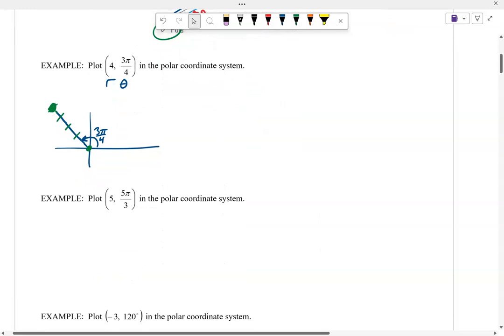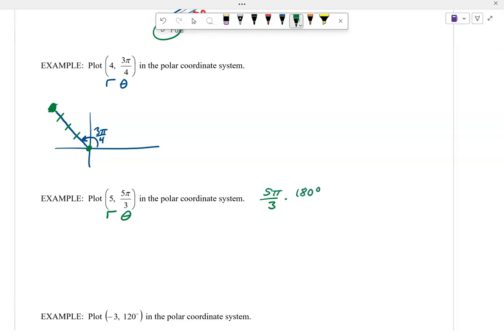I want you guys to pause the video. Go ahead and try that next one. Rotate 5 pi thirds and then go out a distance 5 from the pole. So here's our r, here's our theta. Theta is 5 pi thirds. And by the way, if you're not remembering where 5 pi thirds is, just convert it to degrees if you need to. 180 divided by 3 is 60. 60 times 5 is 300 degrees.